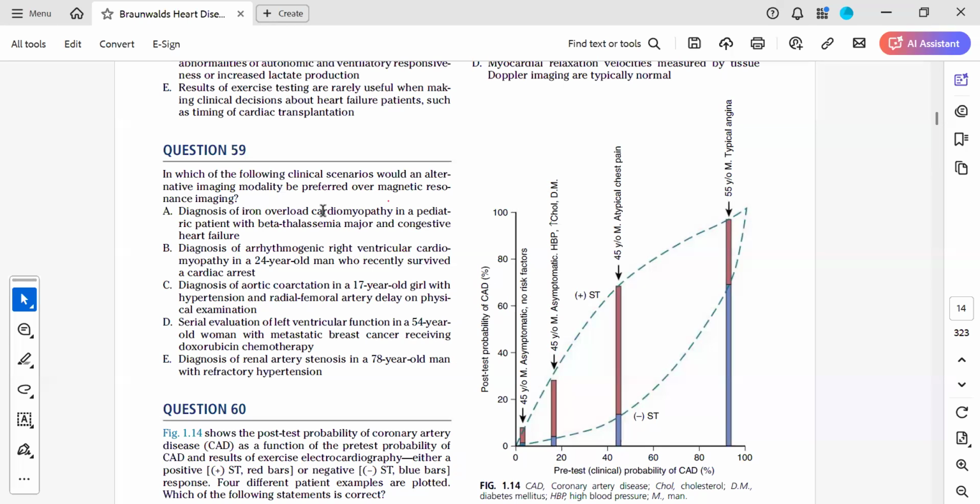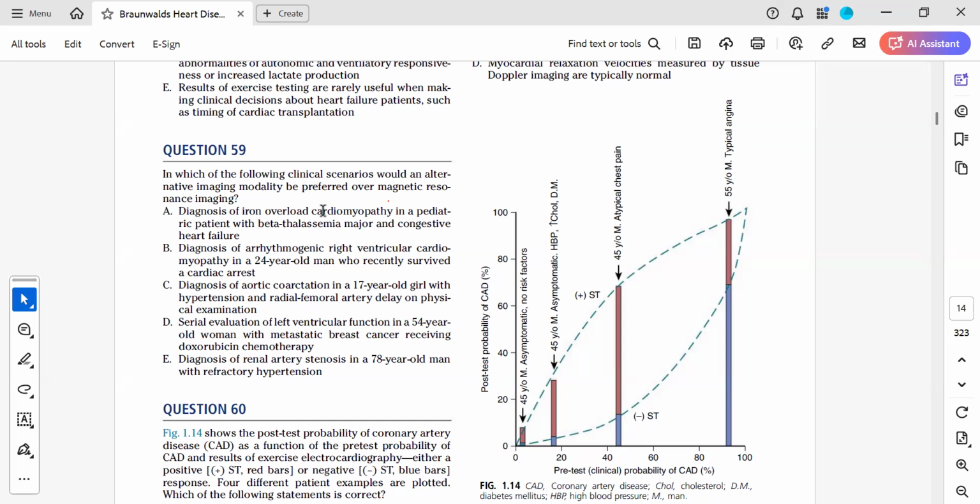The negative predictive value correlates with a low pretest probability. But in this case, this man has a high pretest probability, but his symptoms are being associated with a negative predictive value. So option B is also false. Then option C said the positive and negative predictive values cannot be determined for these patients from the given information.